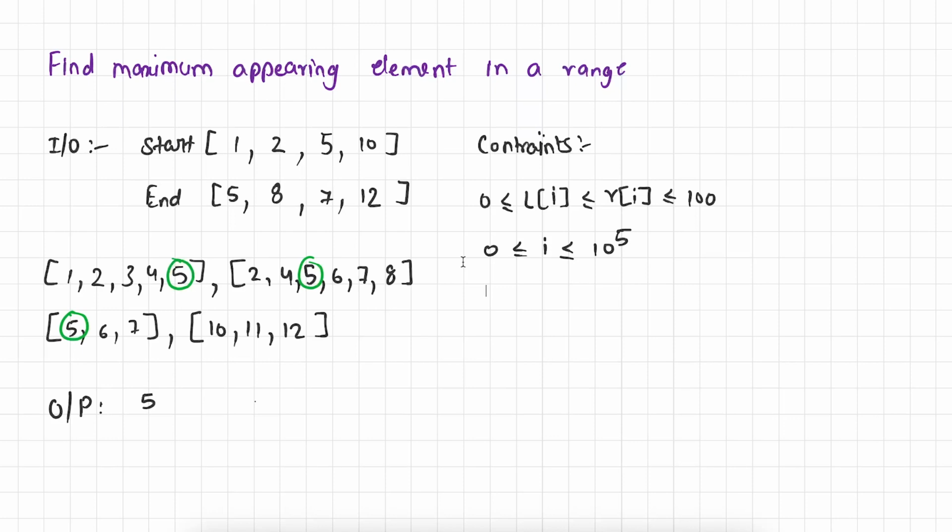The second constraint is that the index of the start and end arrays could go from 0 to 10 to the power 5. Right now there are 4 elements in the given array, but it could go up to 10 to the power 5. So these are the two constraints of this problem.